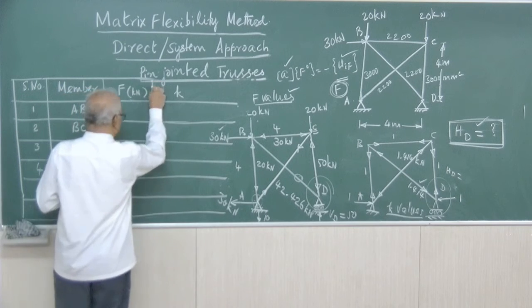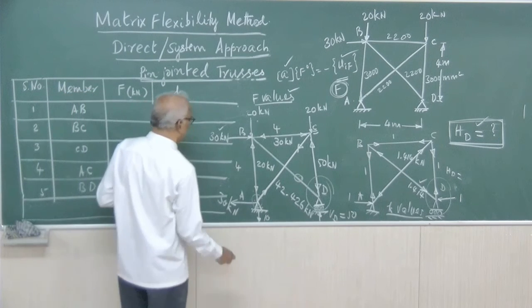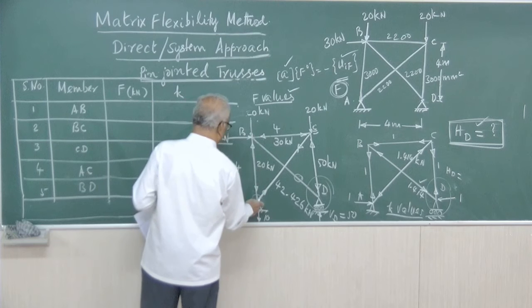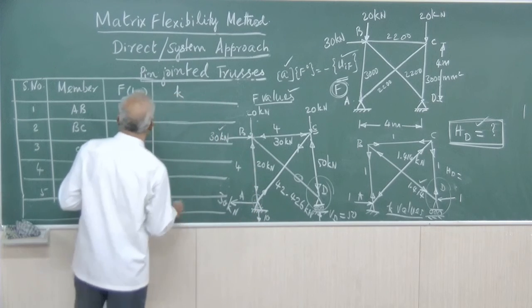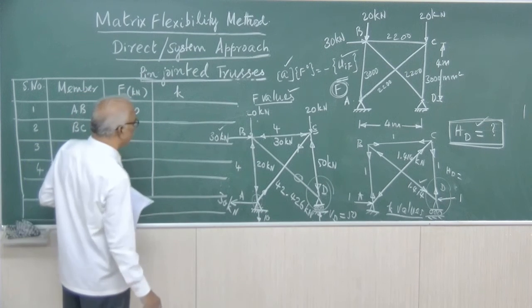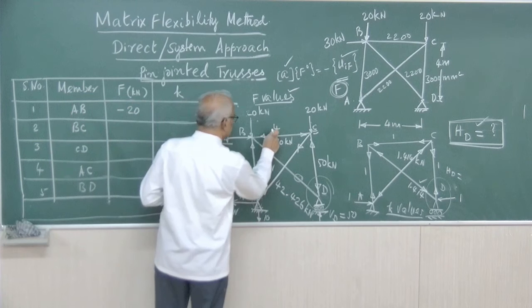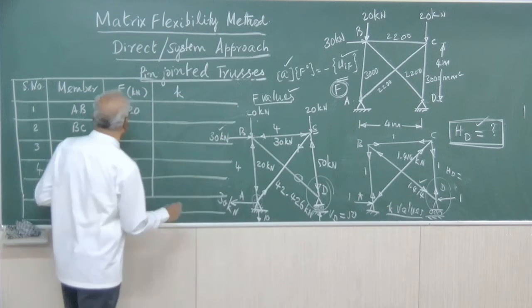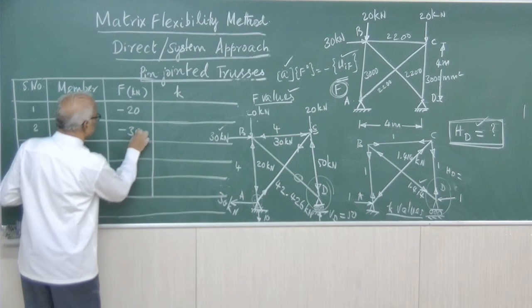For which F values are, for AB it is compressive 20, therefore minus 20. For BC it is compressive 30, minus 30. So compressive means minus 30.